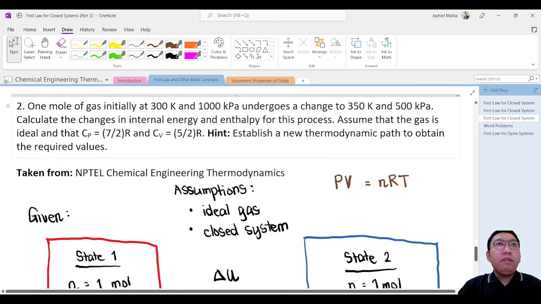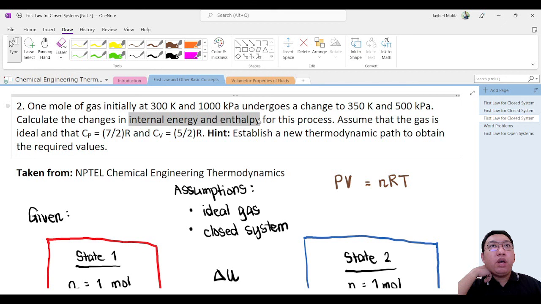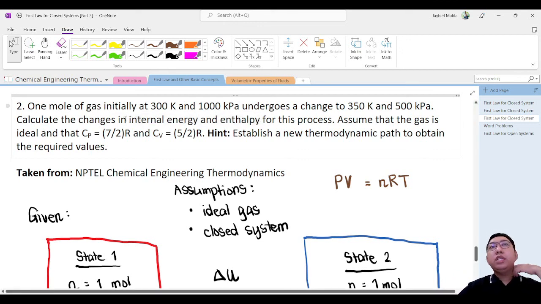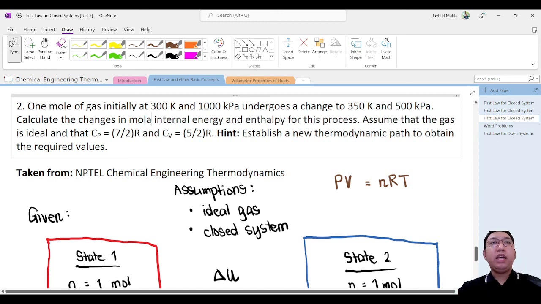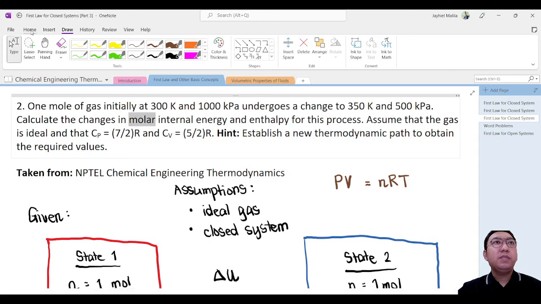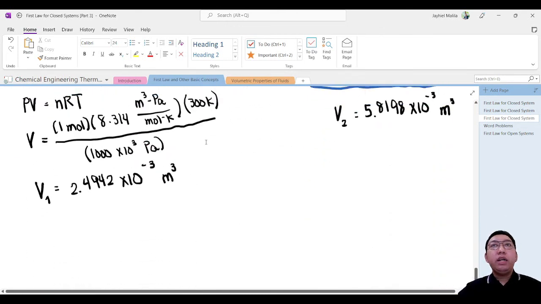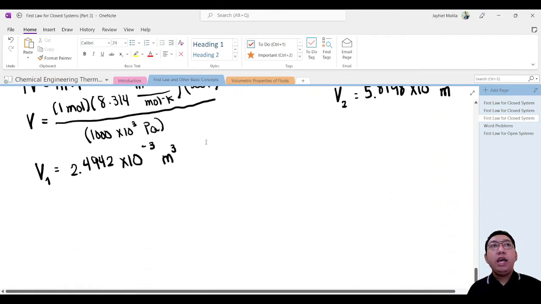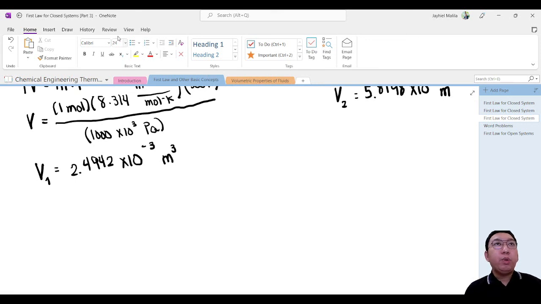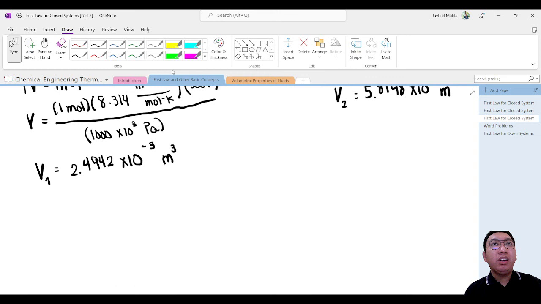Okay. So it did not state what type of internal energy and enthalpy is required. It did not state if we need to get the total internal energy or the molar internal energy. So in this case, I will just dictate, since I'm the one solving, that we will be solving for the molar internal energies. So since we are required to determine the molar internal energies, then we have to report our volumes in terms of molar volumes.